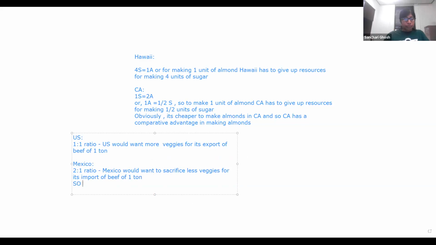So they settle in between. You have to always settle in between. 1:1.5 becomes the terms of trade.